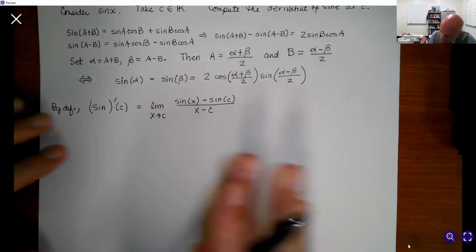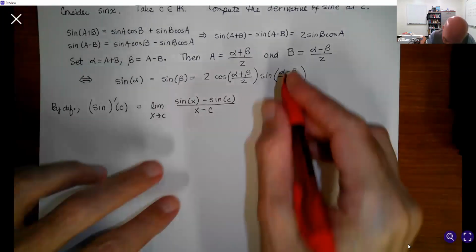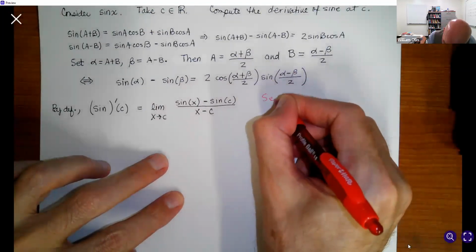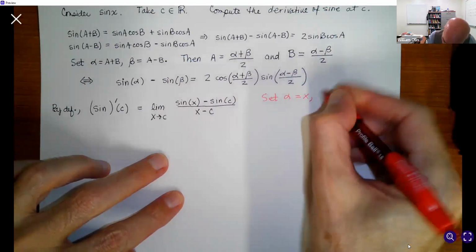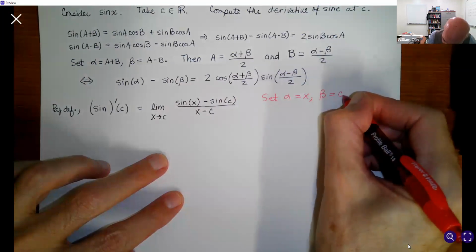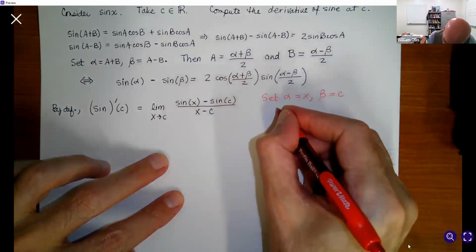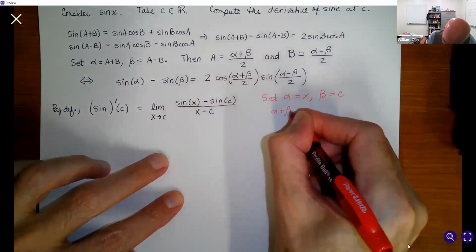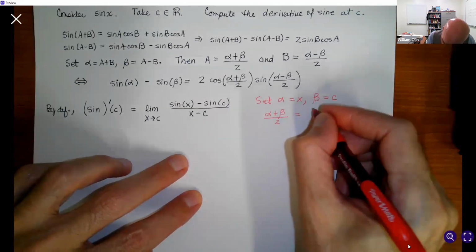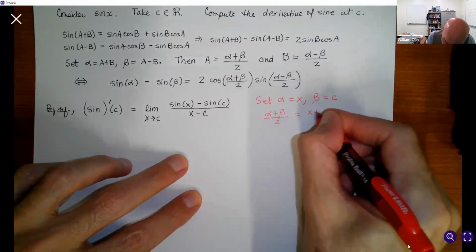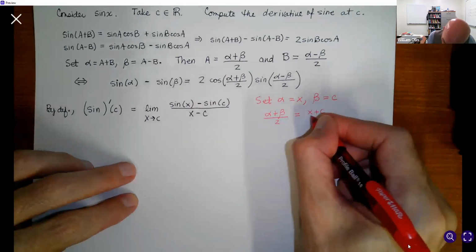So now, like I said before, set alpha equal to x and beta equal to c. Now let's do some computations. So alpha plus beta over 2 equals x plus c over 2.